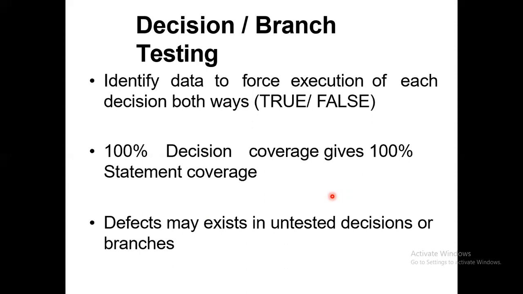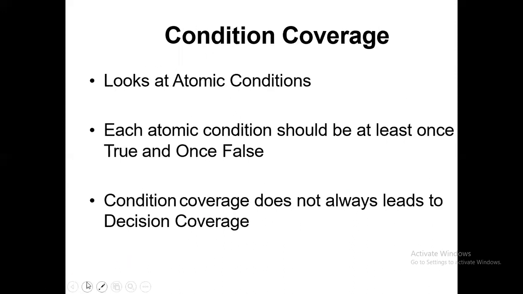So the defects sometimes will be there if you forget to test decisions or branches, right? Then we have another testing mechanism called condition coverage.